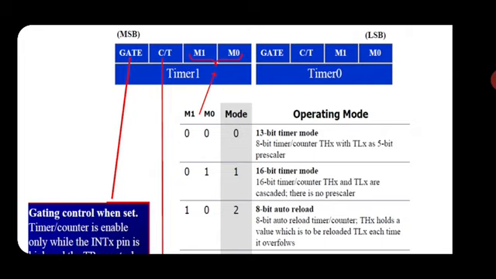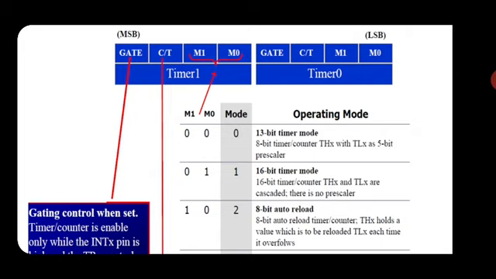Now, what is the bit length of my timers? It is 16-bit. Have you understood? It is a 16-bit timer. If M0 and M1 are 00, you are operating in mode 0.